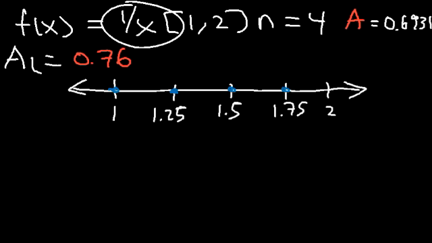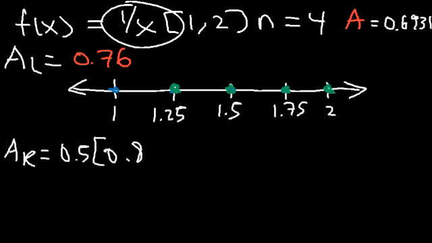Now let's approximate the area using the right endpoints. This time we're going to use 1.25, 1.5, 1.75, and 2. Delta x is still 0.5. And 1 divided by 1.25, we said that's 0.8. 1 divided by 1.5 is 0.67. 1 divided by 1.75 is 0.571.